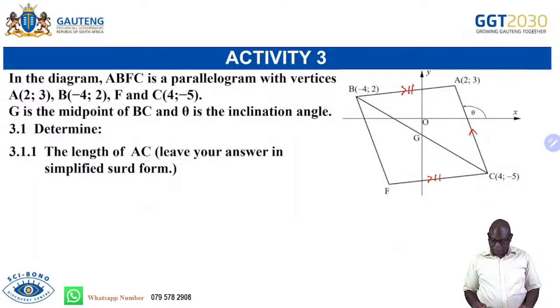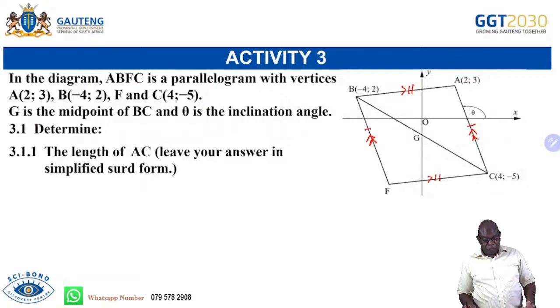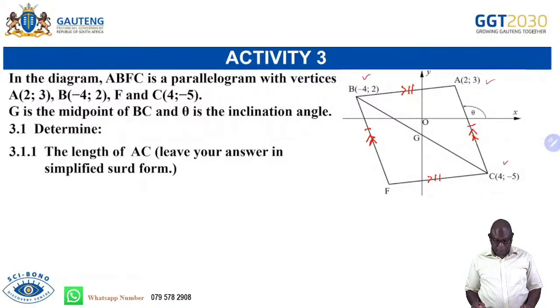See, that side and that side will be parallel, and that will be parallel and equal. It's a parallelogram. I'm already told some of the things in the information that is there. Okay. Now, the A coordinates are there, the B coordinates are there, the C coordinates are there, the F coordinates are not there.